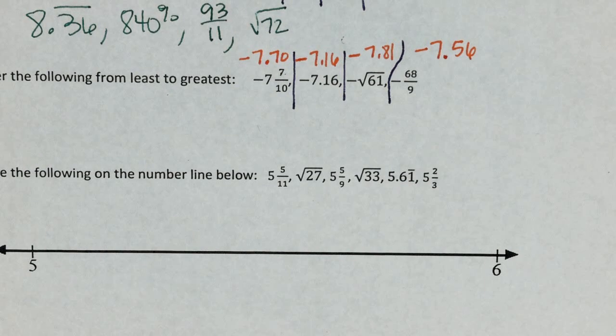Now, is this question more challenging than the last? Yes. Why? They're negatives. They're all negatives. So let's talk about negatives again. Negatives are like owing money, and the more money I owe, the less I have. So I'm looking to go from the least to greatest. So I'm looking for the one I owe the most because it's worth the least.